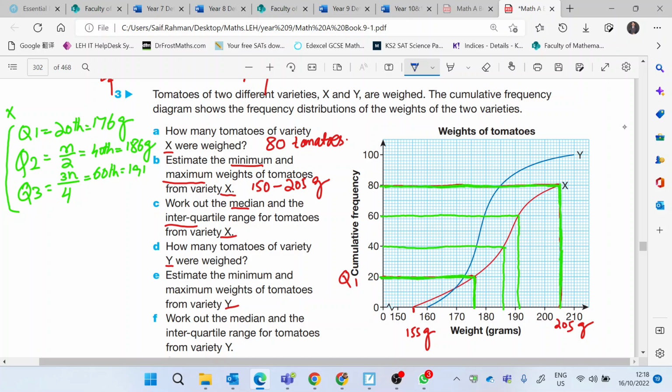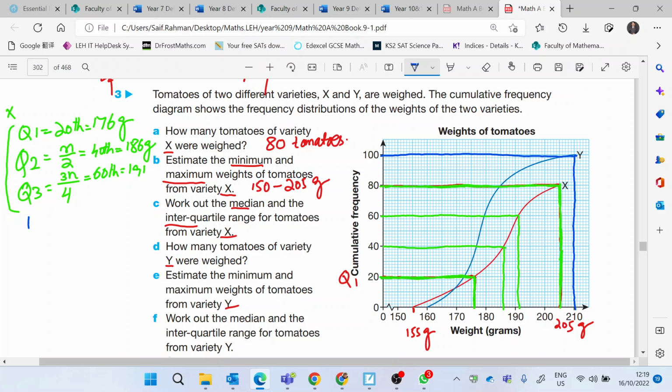How many tomatoes of variety Y were weighed? The Y values were here 100, and here it was 210.